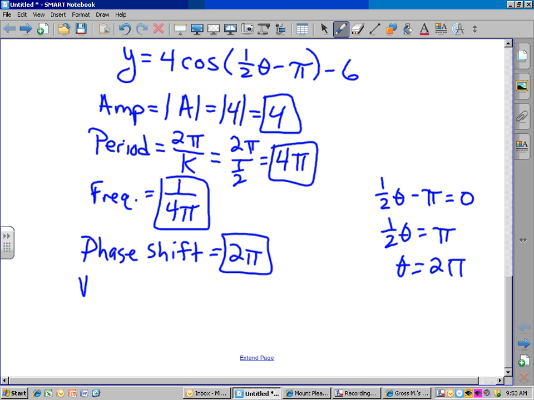Vertical shift. The last number, minus 6, down 6. Okay. So do you understand how to get the parts from the equation?